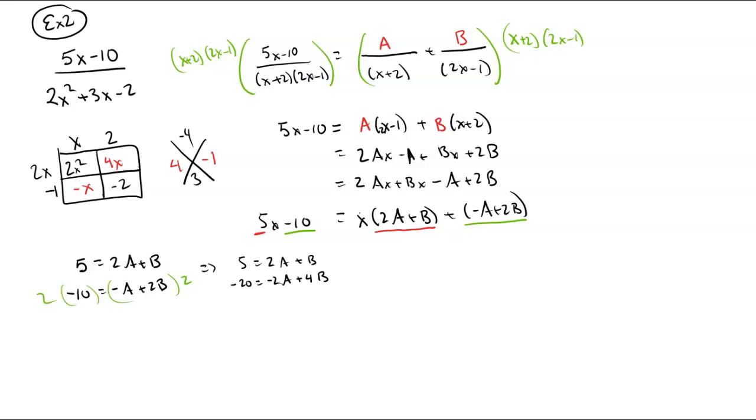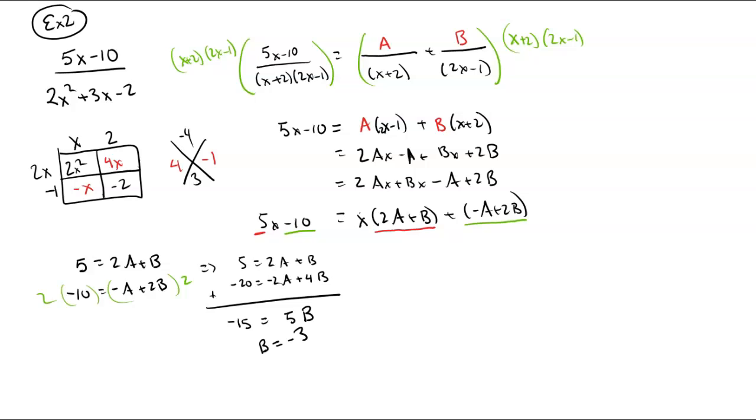Negative 20 is equal to negative 2a plus 4b. Add them up, get negative 15, those cancel out. I'm left with 5b, so b is equal to negative 3.